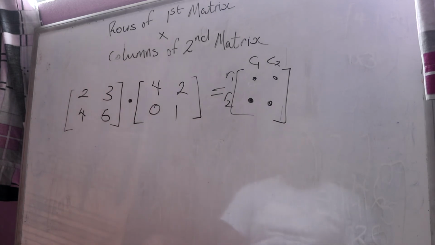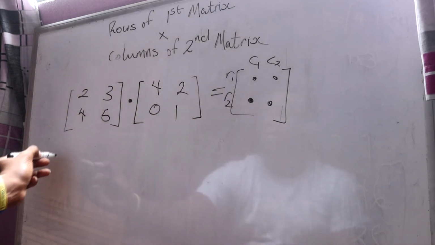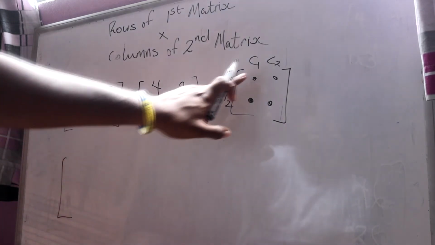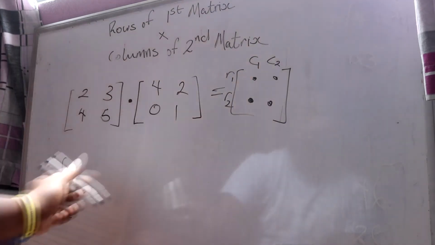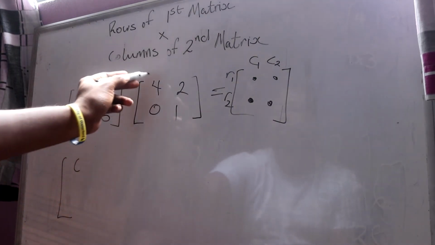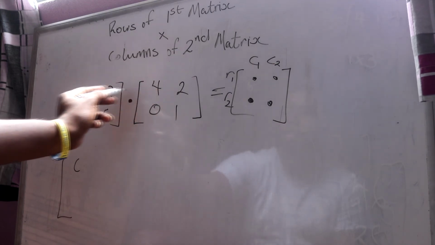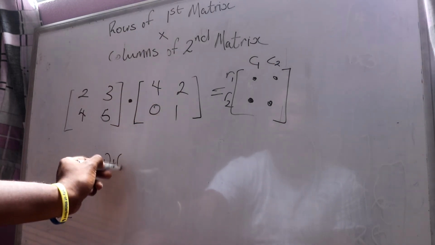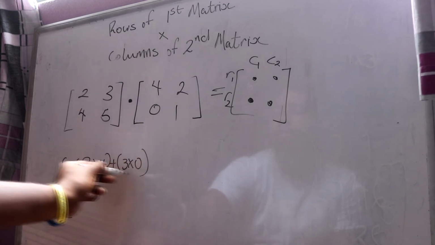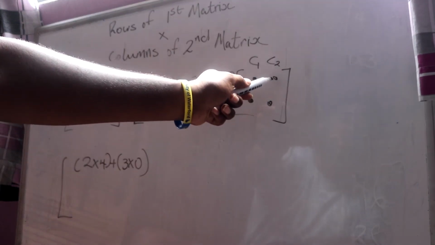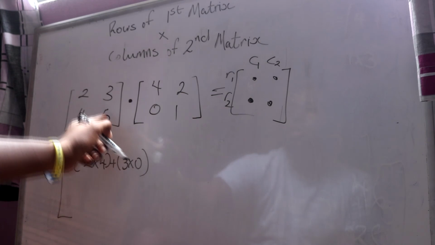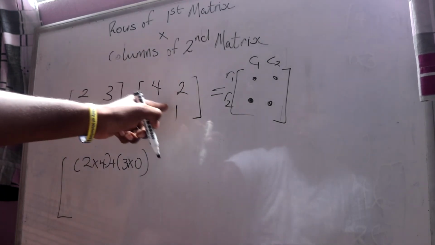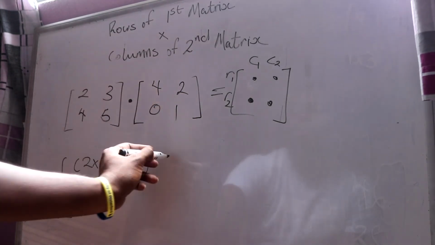Okay, so we go rows by columns. First row, first column, so 2 by 3, 4 by 0, 2 by 4, 3 by 0. Then first row, second column, 2 by 2, 3 by 1.